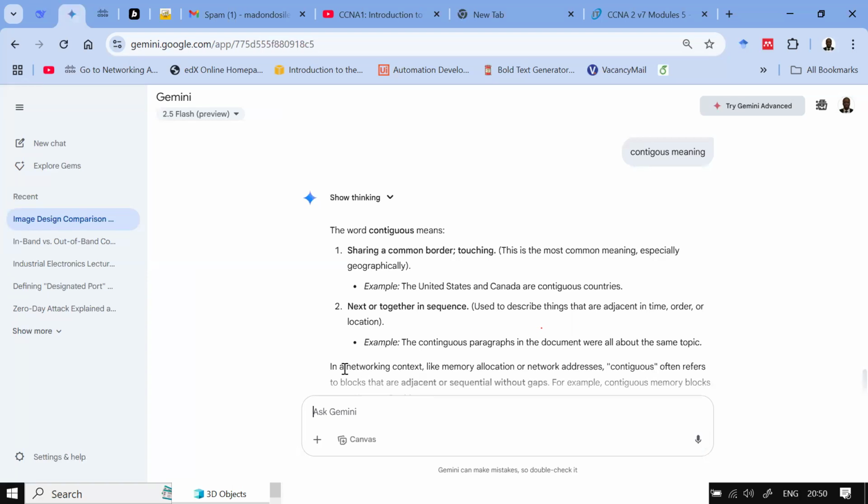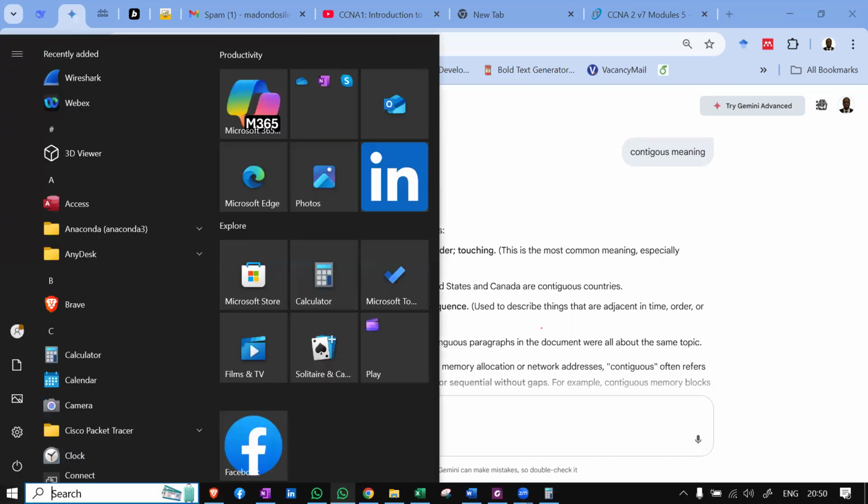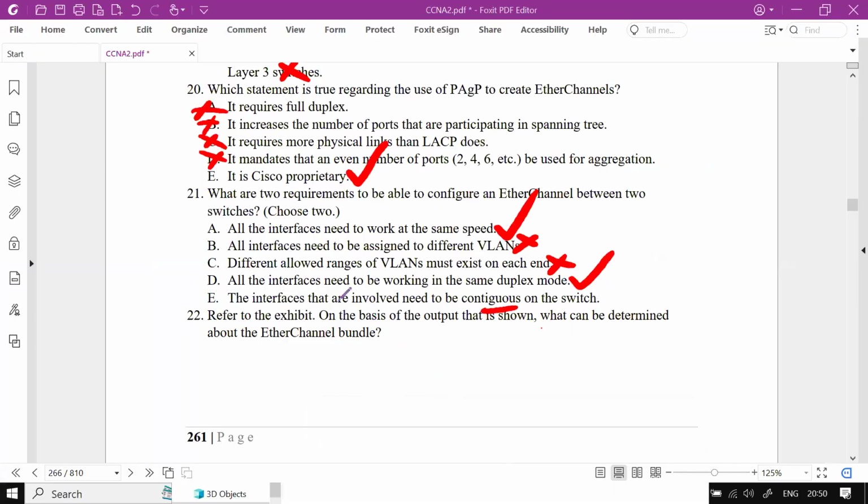Getting a common border, touching. Or the interfaces that are involved need to be sharing an interface on the switch. I'm not so sure about this answer. I don't know what it's saying.